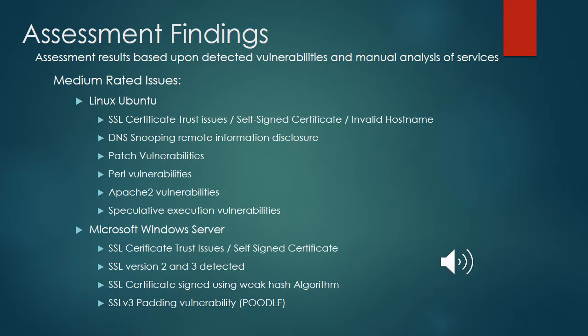There were several patch vulnerabilities, Perl vulnerabilities, and Apache 2 vulnerabilities that existed on the Linux server. In addition to these, there were also 2 speculative execution vulnerabilities, which are also known as Meltdown and Spectre.